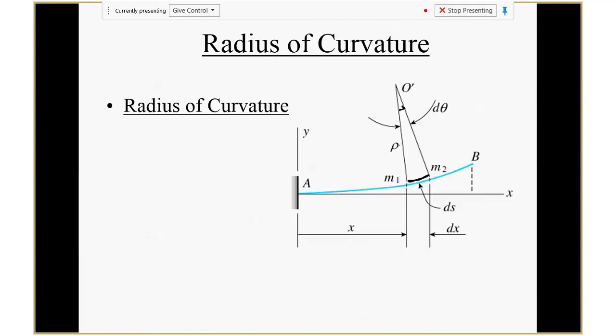Okay, so next slide, here explains physically, kind of gives you an explanation. All right, so first you have this 1 over rho equals d theta ds. Now what's d theta ds? Slope, right? So that's the slope.